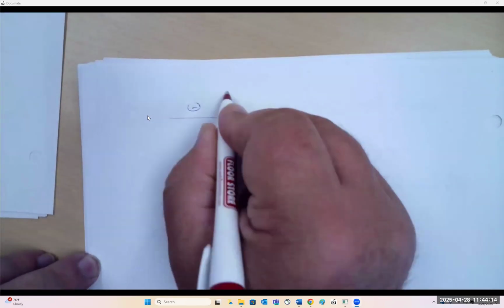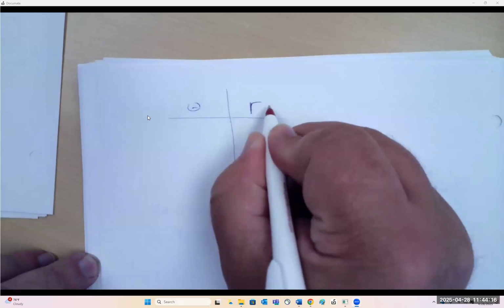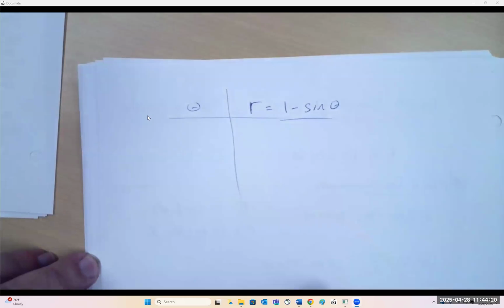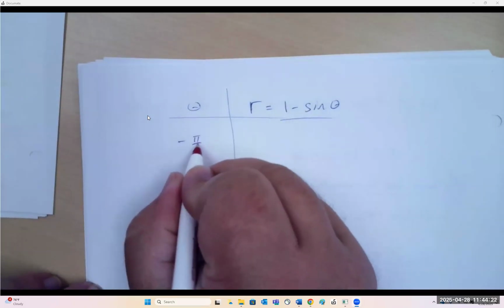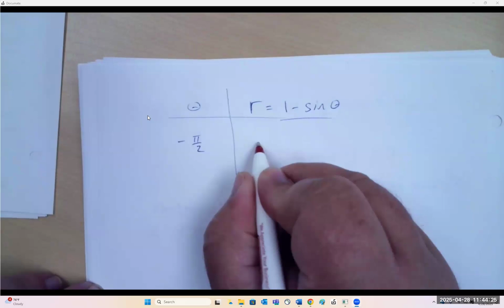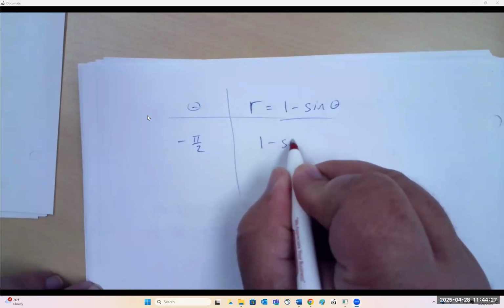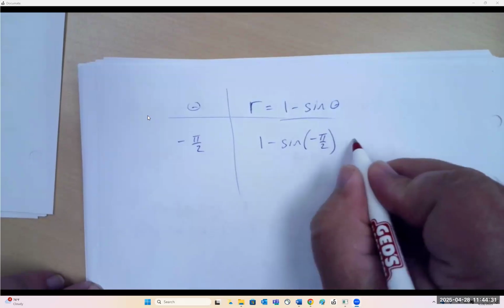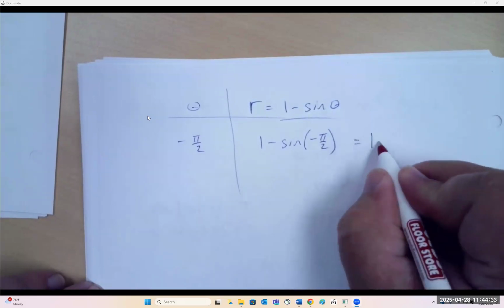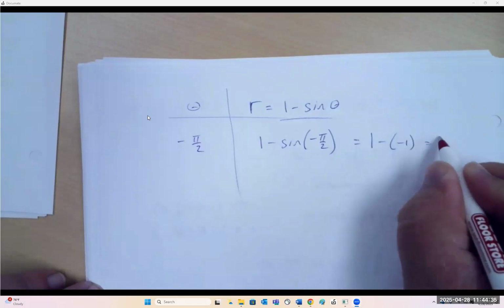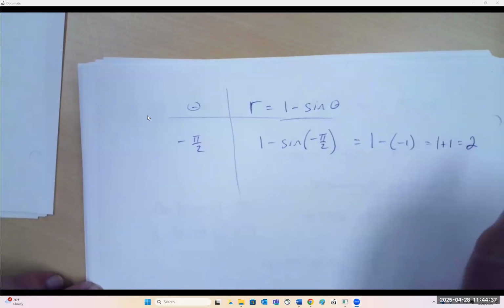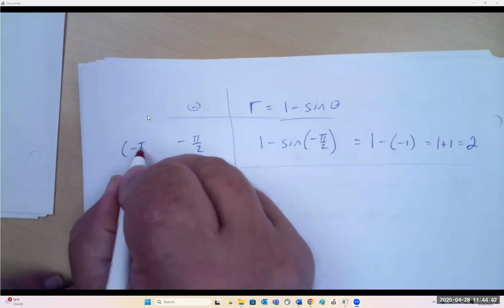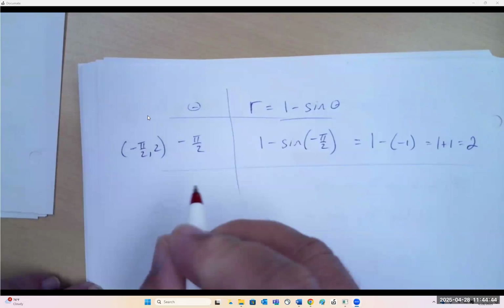So here's my angle. r equals 1 minus sine theta. At -pi/2, one minus -1 equals 2. So we got a point at -pi/2.